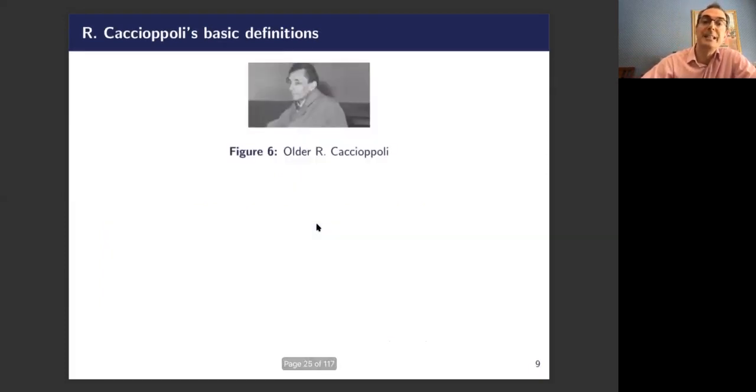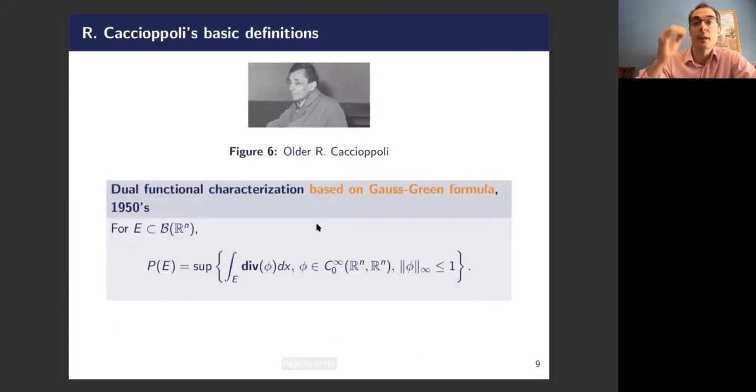So 30 years later, Caccioppoli came back to his original definition and formulated an equivalent definition of sets of finite perimeter, which in some sense is dual to the first definition. The idea is to define the perimeter of a set using the Gauss-Green formula.